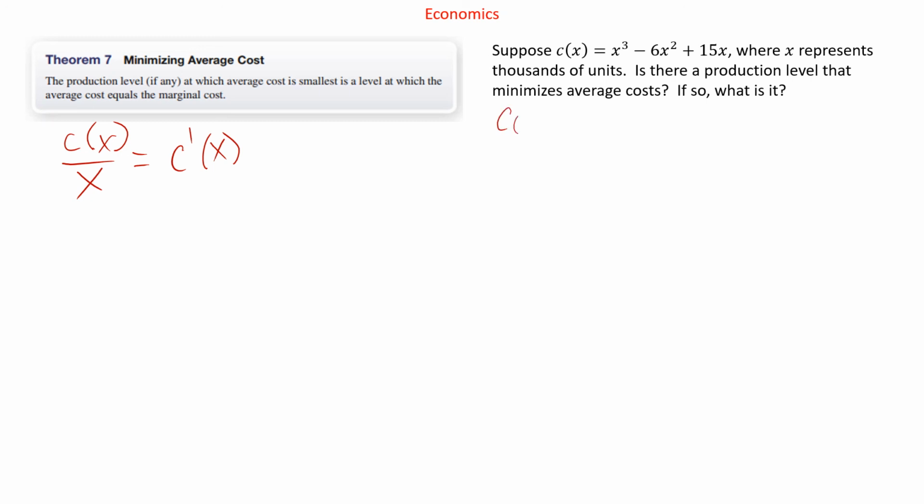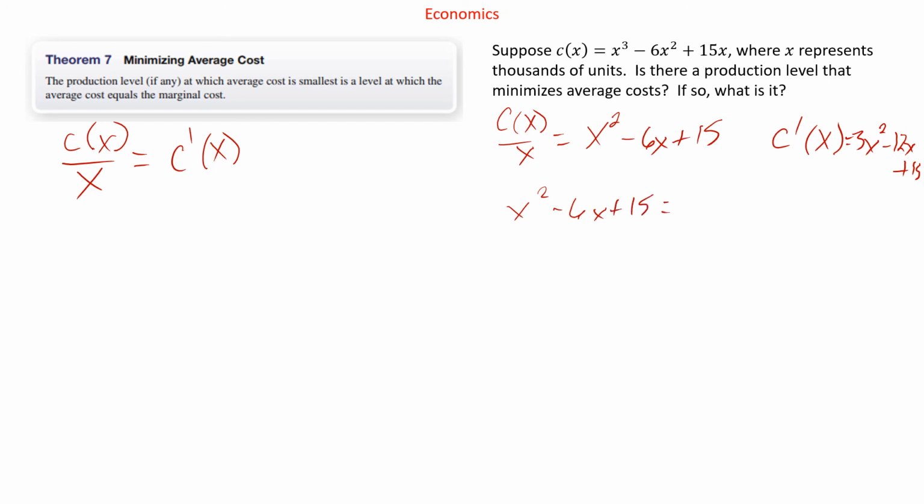So we have C of x over x. Well, they all have an x in it, so that's just x squared minus 6x plus 15. And then C prime of x is going to be 3x squared minus 12x plus 15. We want to set these equal to each other. So x squared minus 6x plus 15 equals 3x squared minus 12x plus 15.